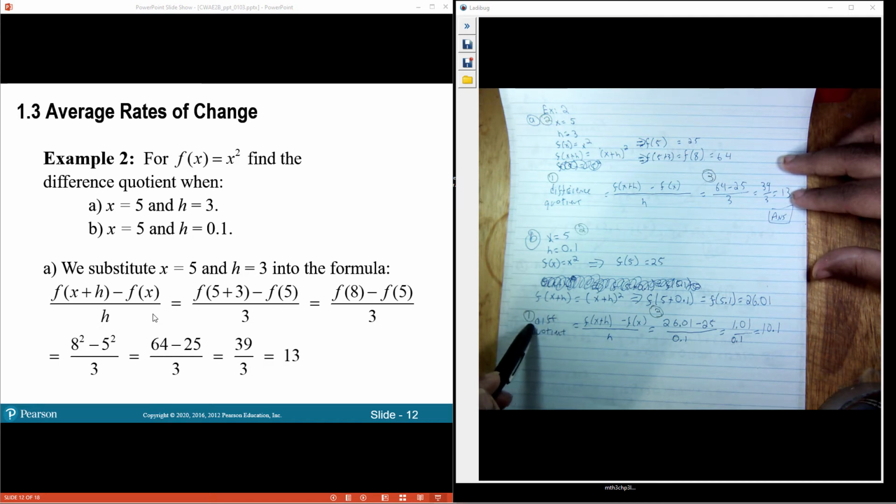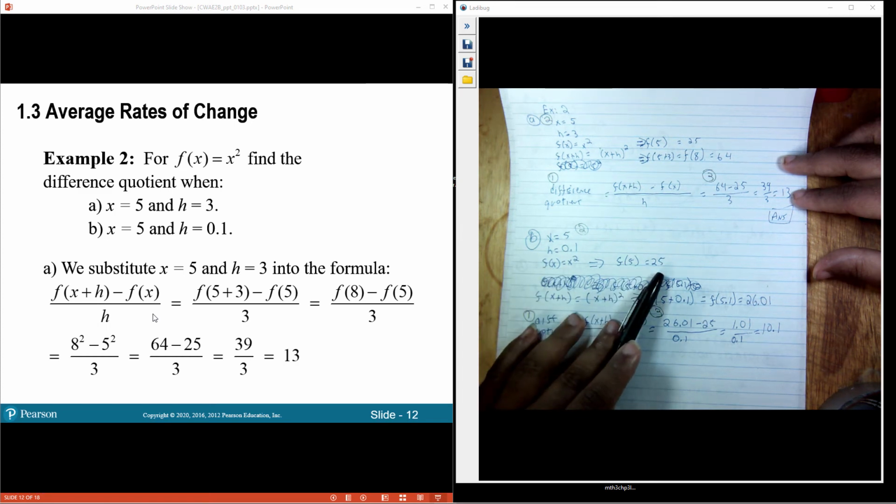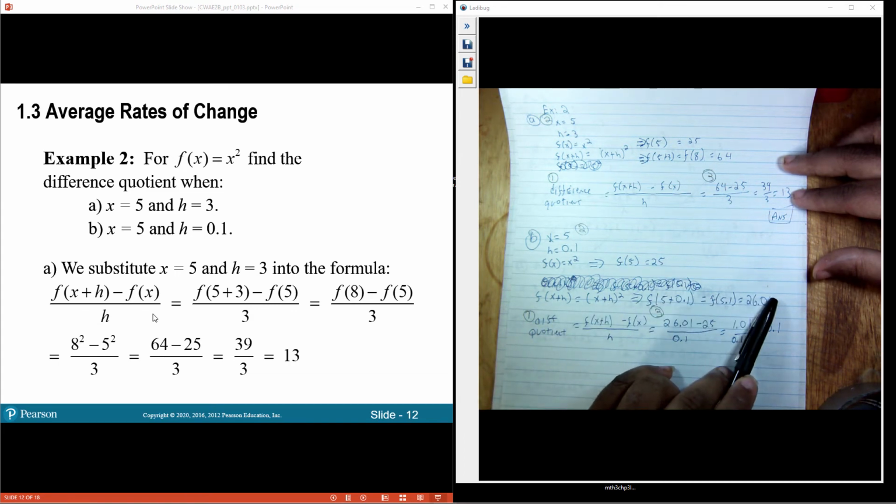The second thing I did was assign values to my variables, my x, my h, f of x, f of x plus h. After I set values to my variables, I plugged in. Then I simplified.